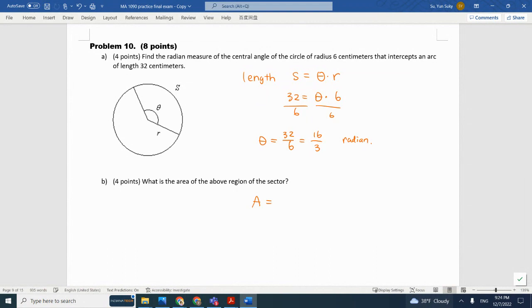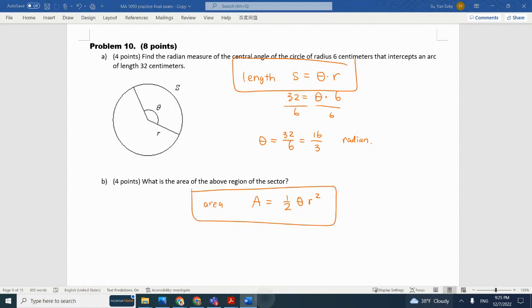So area of a sector is 1/2 theta r squared. So length is this, area is this. All these formulas you need to memorize. So in our case, theta is 16 over 3. r is 6, so r squared, 6 squared. Oh, you see 2 and 3, 2 times 3 is 6.